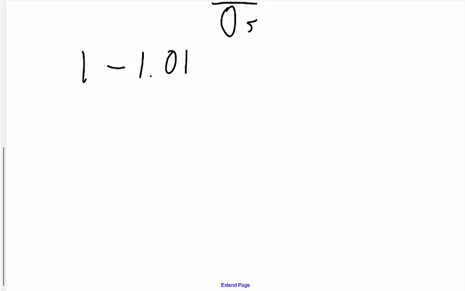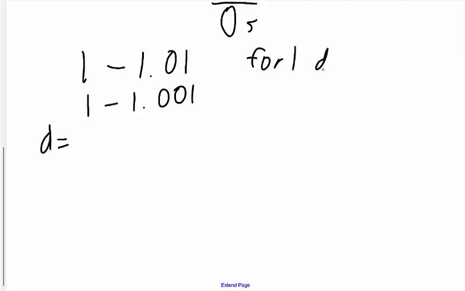And then let's see about 1 to 1.001 seconds. So for 1, D equals 100.